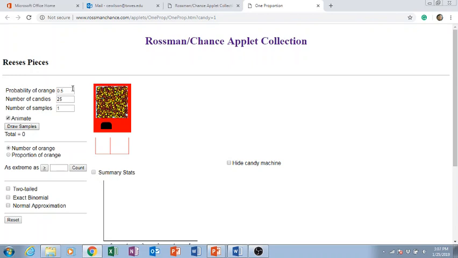Now, when they're in the factory and they're filling those bags, you can kind of think of those as your samples. Not every sample is going to be 0.5 right on the money, right? And that's just like when we pull a sample of participants, most of the time we're not going to pull an exact replica of what's going on in the population.